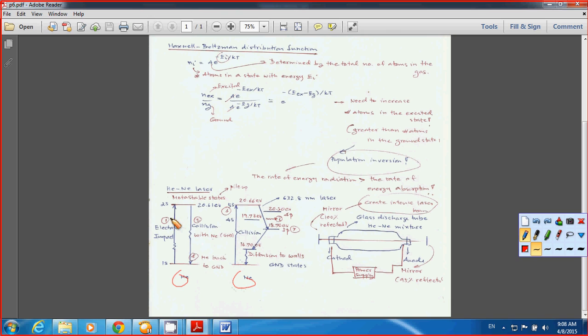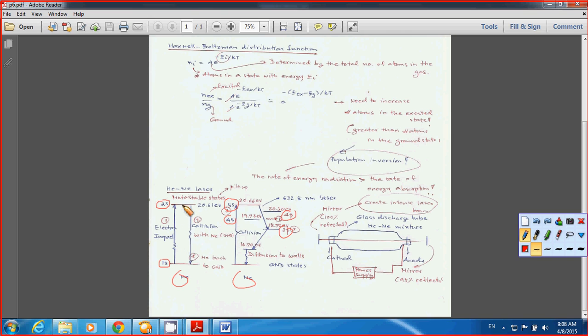It has the state of 1s and the state of 2s. For neon, you have the 4s, the 5s, the 4p, and the 3p. For helium, when an electron absorbs energy, it is going to go to the higher energy level. In this case, it's the excited energy level.